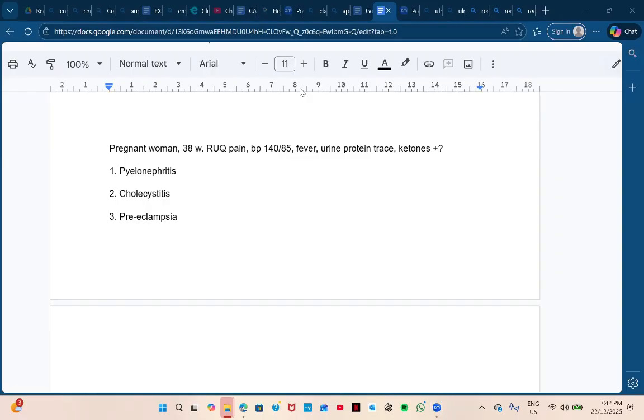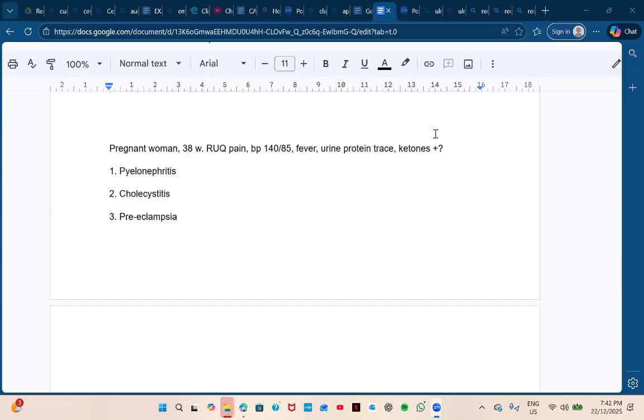Yes, due to acute infection and the patient is pregnant. They haven't mentioned 3 plus or 4 plus or anything about severe protein, just urine protein trace and ketone plus. This can happen during dehydration and infections, okay?